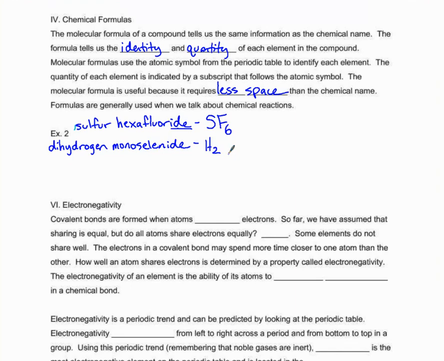The next element, selenide or selenium, that's Se, and mono means 1. So the atomic symbol here implies that we have 1, so we're not going to put a subscript. So just H2Se is our chemical formula.